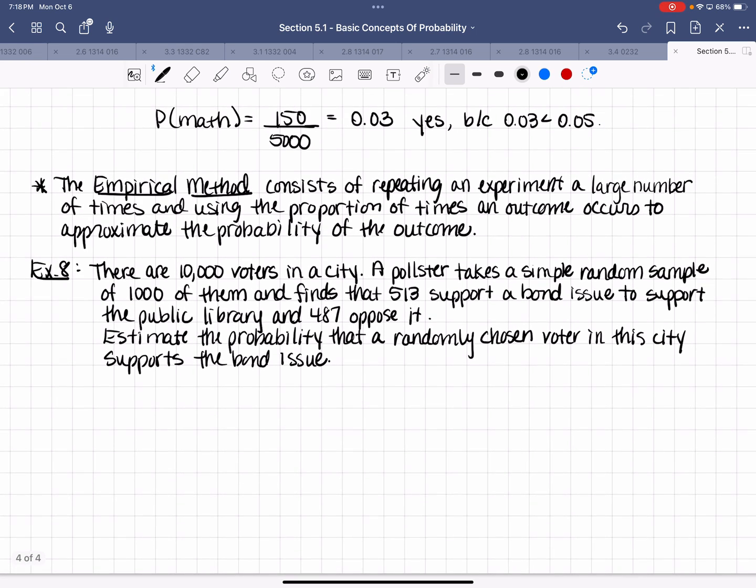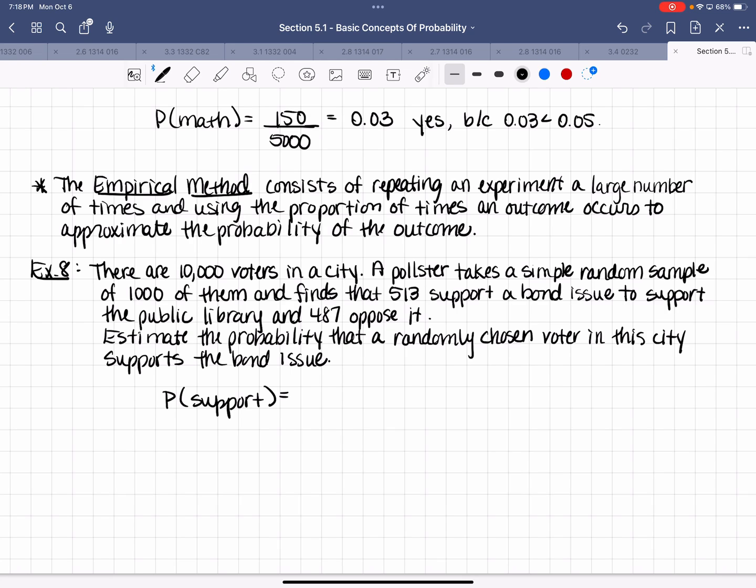So we have the probability that they are going to support. Is that what we're looking for? Yes, supports the bond. We're going to say that based on the 1,000 that they pulled from. That does affect what your denominator is.